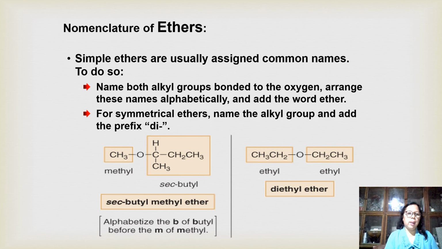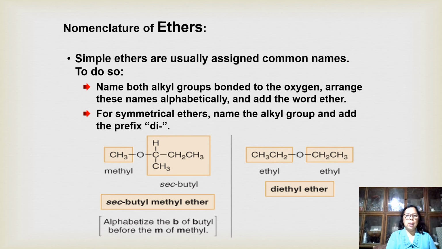Now, how about ethers? If the alcohol ends with ol, how about the ether? The word ether is one of the words in IUPAC naming of ether. And this is the last word.